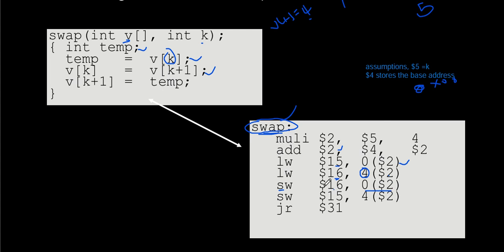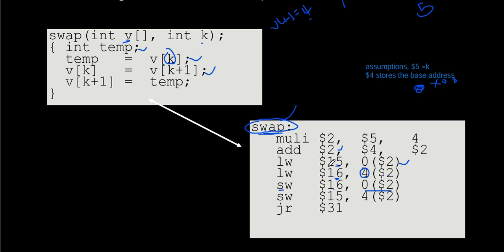So now we are picking from $16. Remember, $16 is storing v of k plus 1, according to what we have discussed. And now instead of storing it back into 4 offset $2, we are storing it into 0 offset $2. Do you remember that 0 offset $2 was where v of k was located?